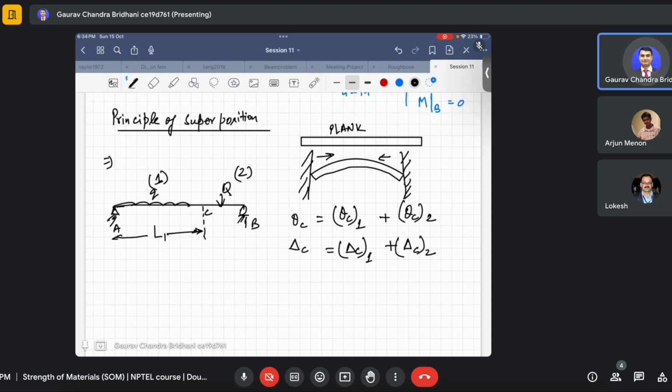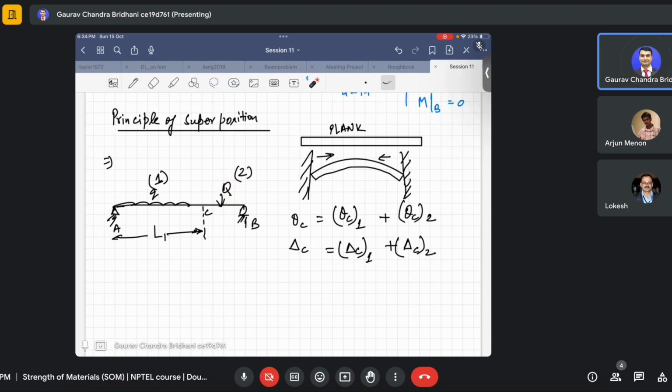A similar equation we can write for slope also. So we can just ignore this Q load for some time, find the deflection at C using the other load, then forget it and directly find the deflection using this Q load at point C, and then add them up. This is a very simple way of doing it.